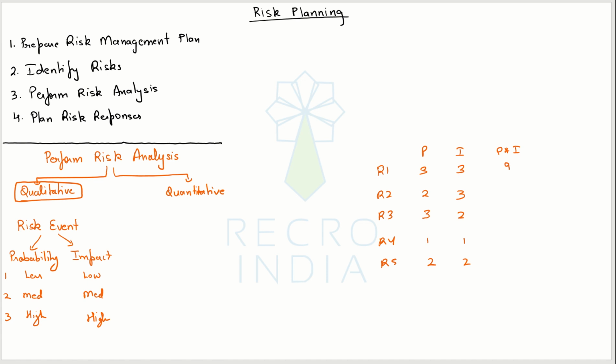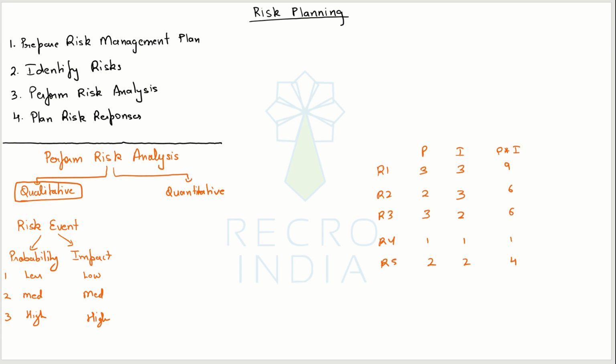So you get 9, 6, 6, 1 and 4. So we just multiplied the two scores and we have the prioritization. So basically R1 is most important, R2 and R3 are equally important after R1, then R5 is the third most important, and R4 is the least important risk.